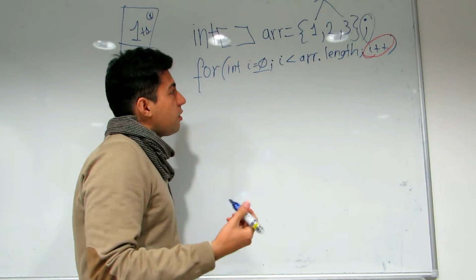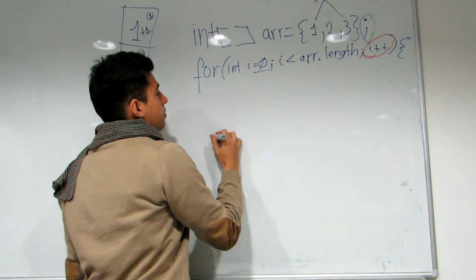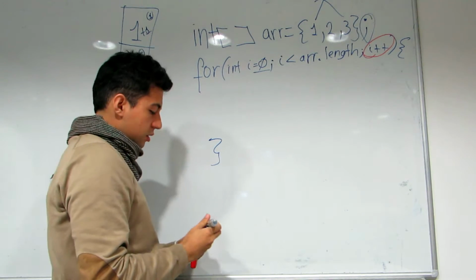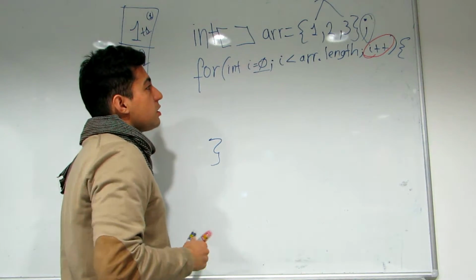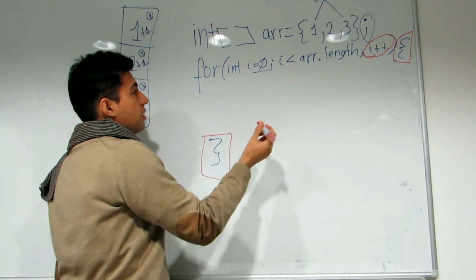So this is like the header of the for each, and then you put your code inside the brackets here, right?